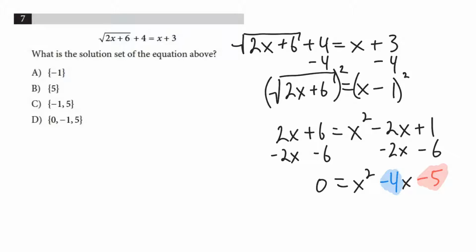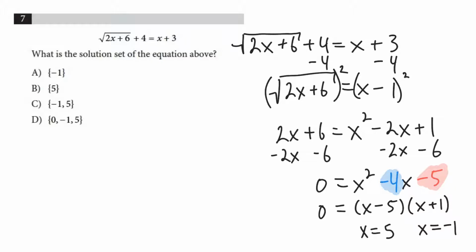Okay. Well, that looks like it's going to be negative 5 and positive 1. Okay, so 0 equals x minus 5, x plus 1. Alright, so this first factor corresponds to a solution of x equals 5. The second factor corresponds to a solution of x equals negative 1.